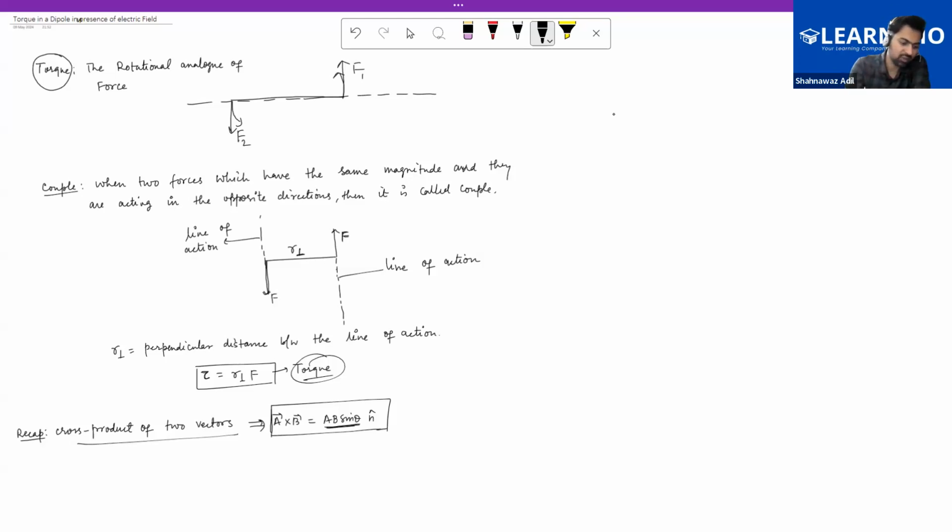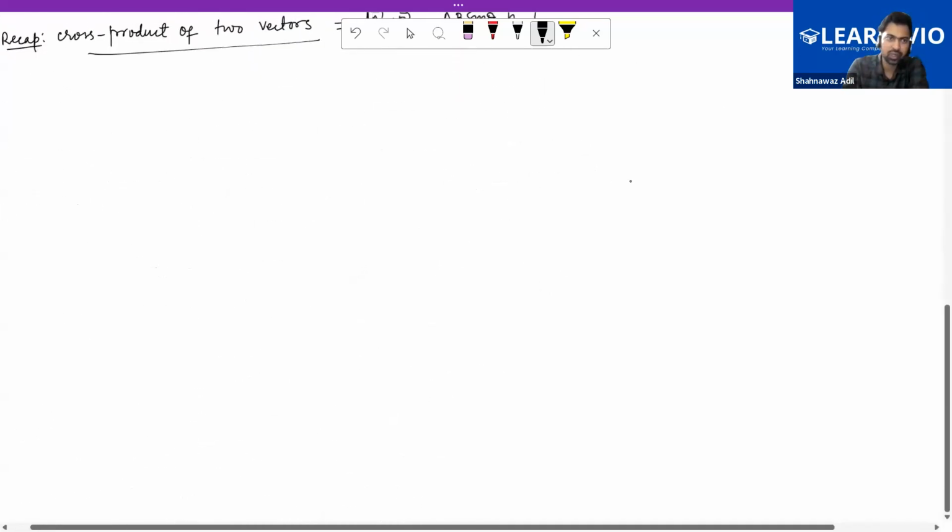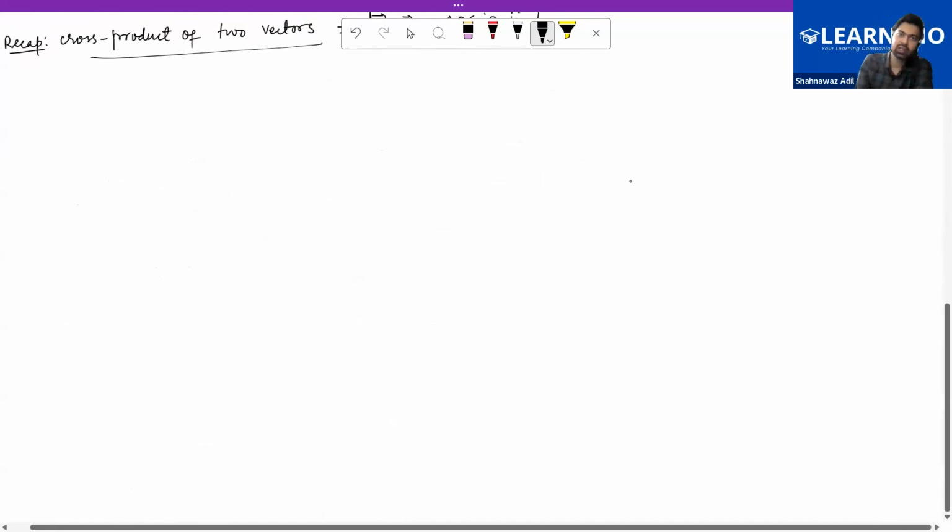Okay, so now let us understand what would be the torque for a dipole. Let's write this thing.